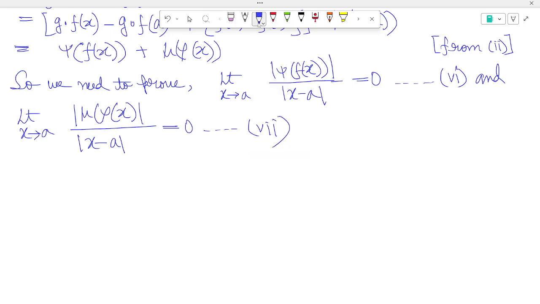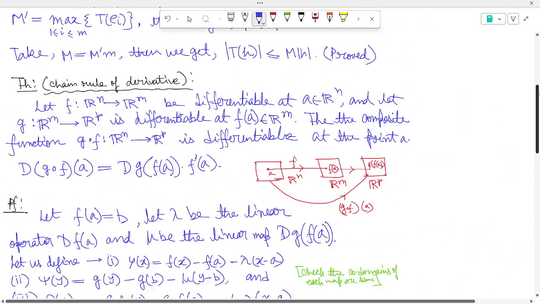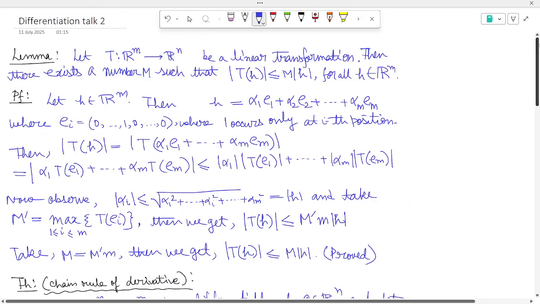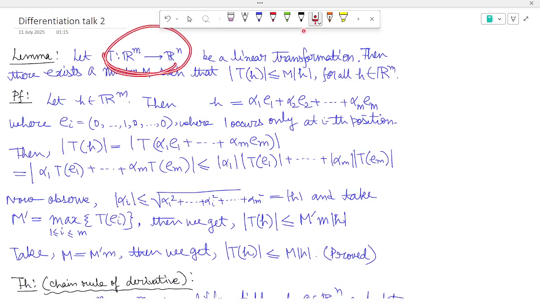So is there any obtained result that I could utilize here? These two things, obtained in the first lemma that we have discussed. So is there anything? Yes, we can utilize this. Observe that. What was the lemma? Let me recall. If this is a linear transformation and H is any vector from Rm, then I can bound that thing.